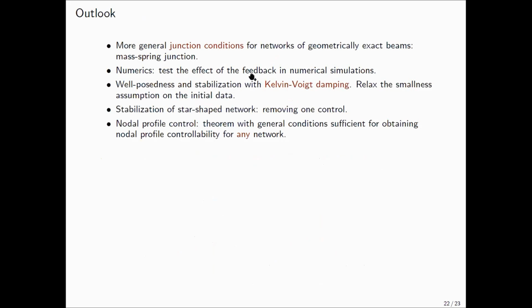I didn't talk at all this time about the stabilization, but there are many questions which appear during the work. Now I'm trying to see what is the effect of applying feedback control numerically at one boundary of the beam, and it would be very interesting to see also what would be the effect of structural damping in the equations on the stabilization and well-posedness results, if we can relax the smallness assumptions on the initial data which appeared in the proof.